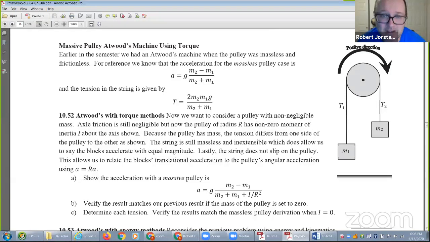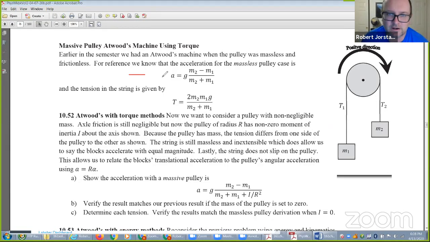Now, if you recall from earlier in the semester, this was the acceleration of an Atwood's machine, and there was one tension. It turns out this is now tension 1, and this is tension 2. They are not the same anymore, even if it is the same string. Think about that.